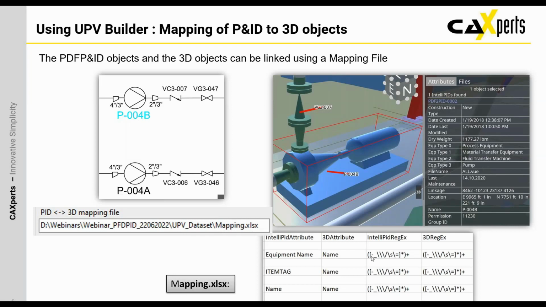In that file, you can define which equipment from the IntelliPID side should match which equipment on the 3D side. Here, for instance, you can see this is the equipment name coming from the PDF. And if it has the same value as the name attribute in 3D, you can then combine it with the 3D object. This means the builder will automatically create a link between those objects.